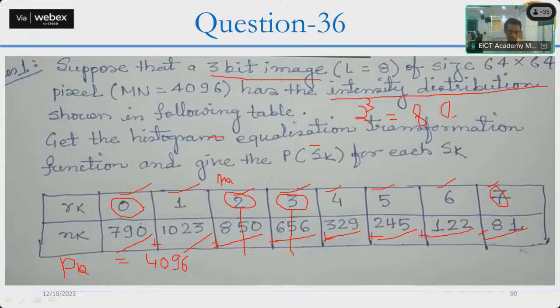Can you calculate with paper and pen? 850 upon 4096, see what you will get. Can you calculate? I am using the calculator of my mobile.